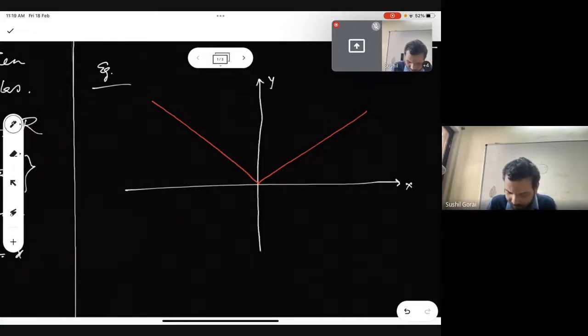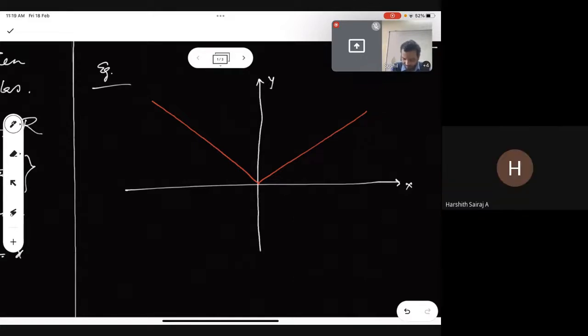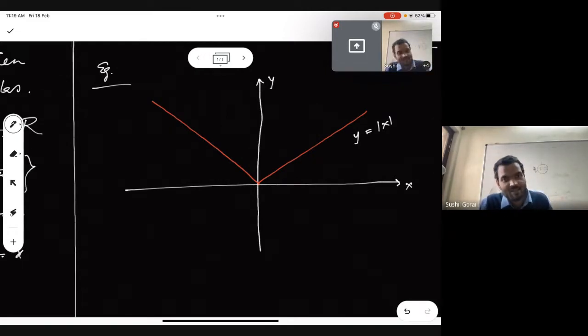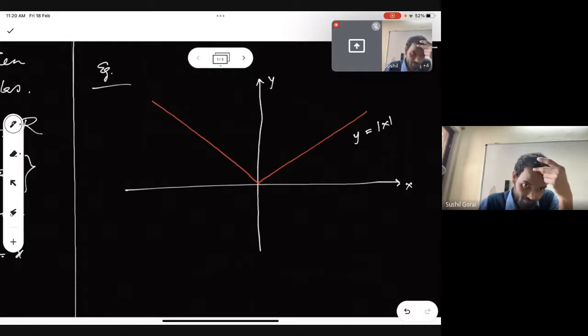So what is it? Yeah, the graph of mod x. So the question is, is it a smooth manifold? Right. So what do you think?